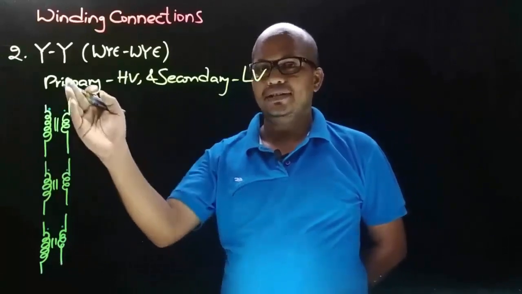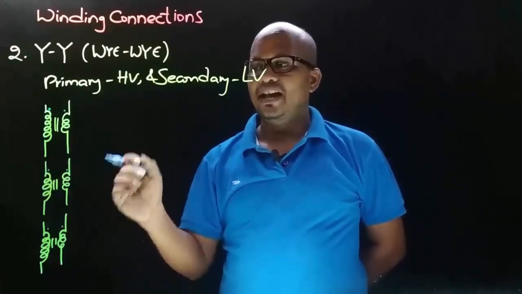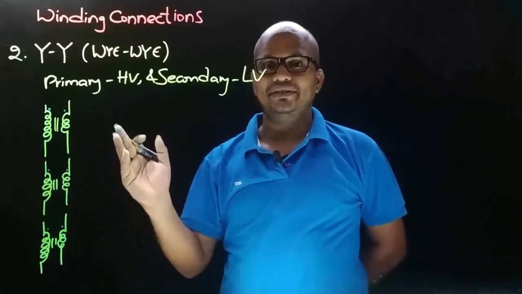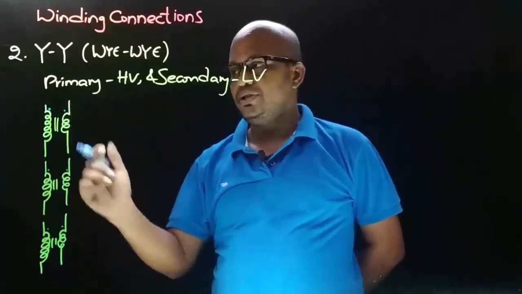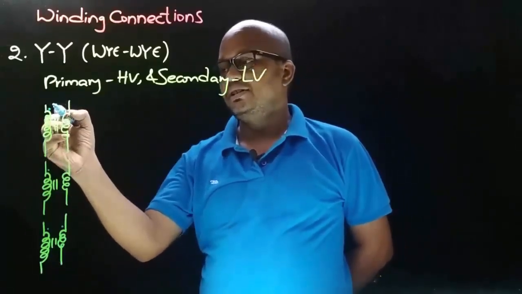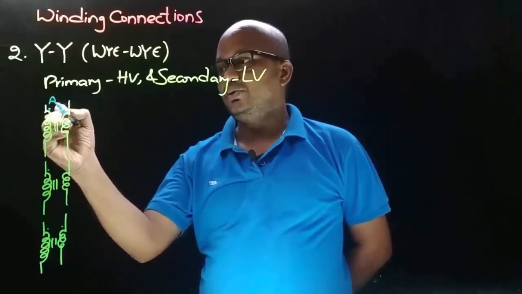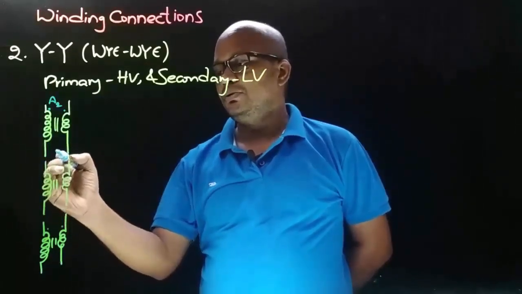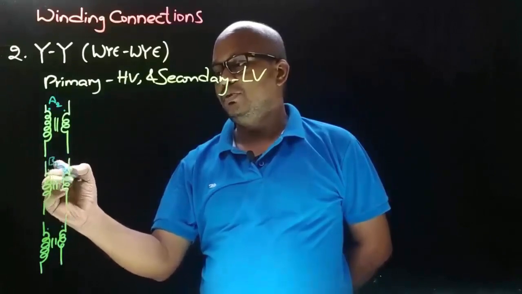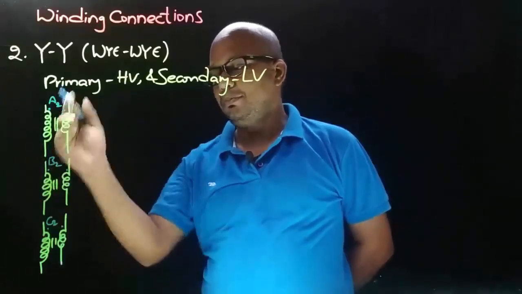Now let's obtain the star connection on primary side and then star connection on secondary side. First we need to assign the notations, and it is discussed that the dot ends are given the notations A2, B2 and C2 on primary side.